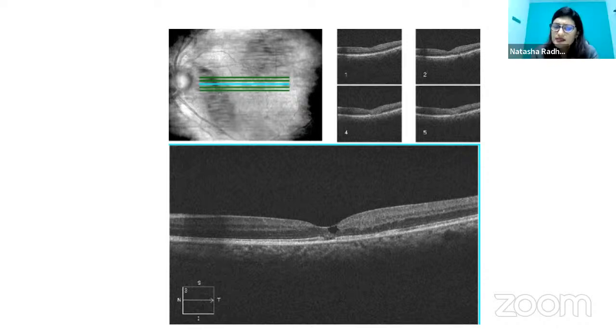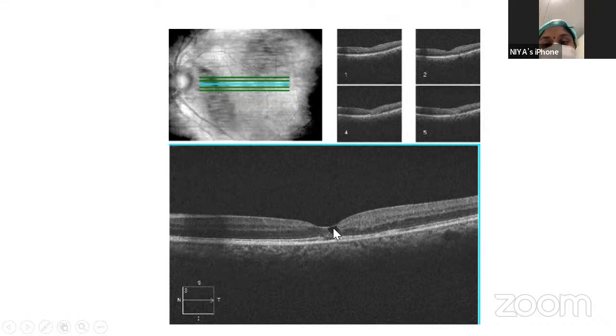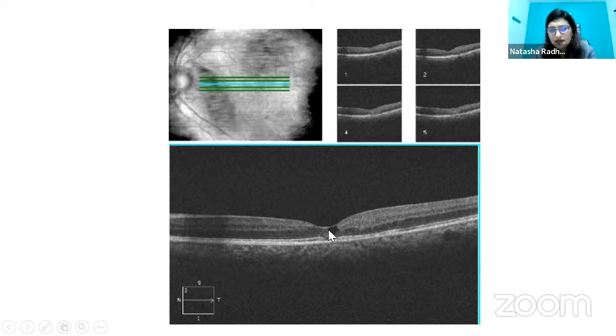Okay, and what else are you seeing there? What has happened to the inner retinal layers? Inner retinal layers, tissue loss is there, ma'am. Tissue loss at the fovea of the inner retinal layers. Yeah, so there is foveal atrophy.